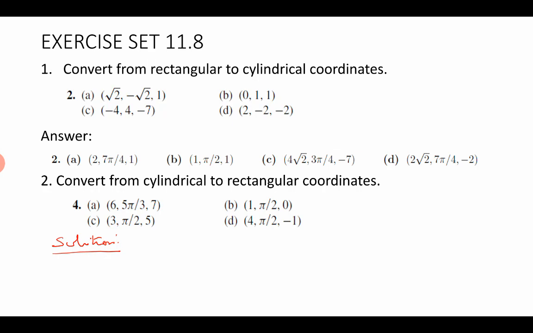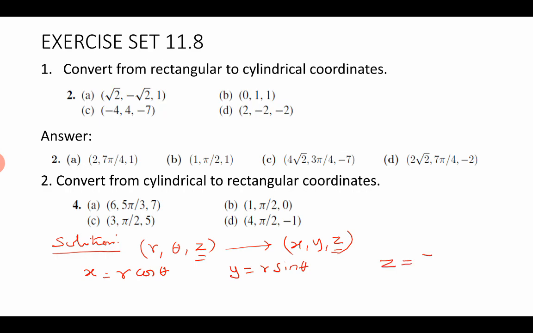From cylindrical r, theta, z, we are working towards x, y, z, and we have to write the formula for x in terms of r and theta. We know the polar coordinate system. X is r cosine theta, y is r sine theta, and there is no change in z.